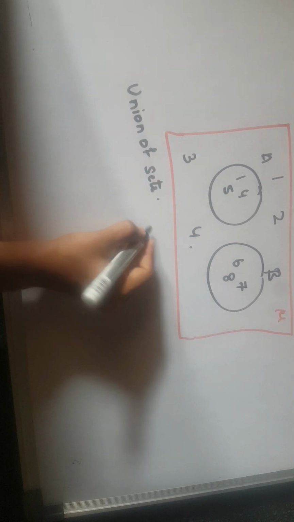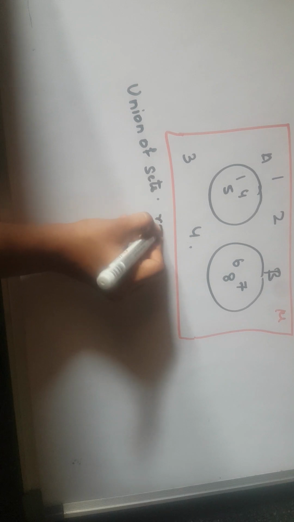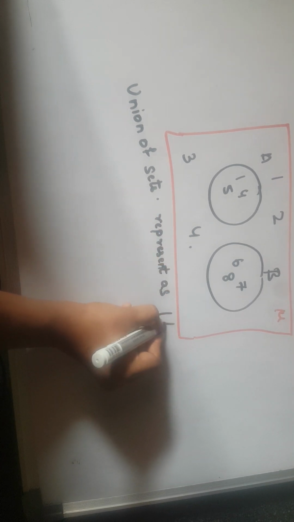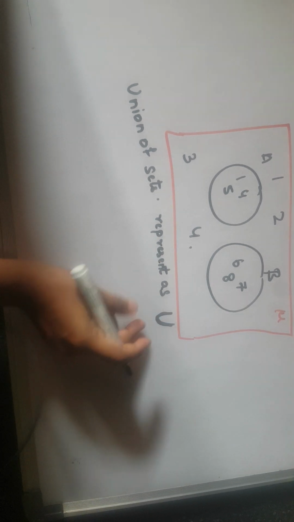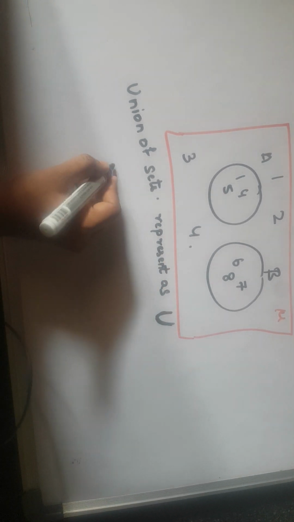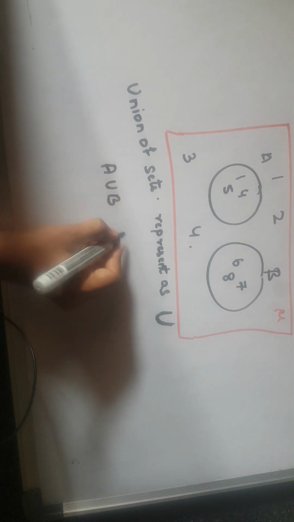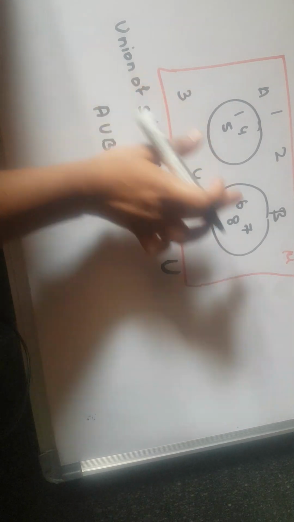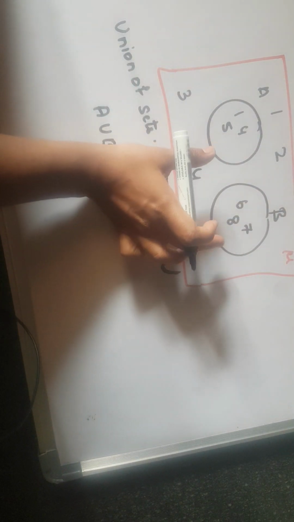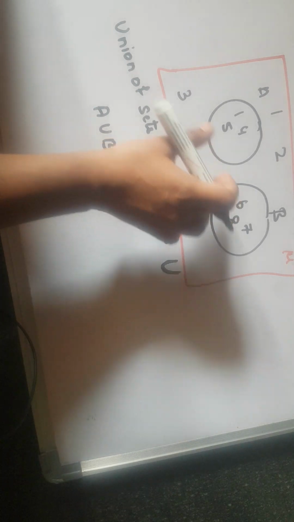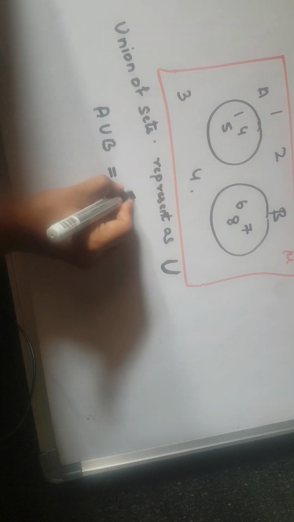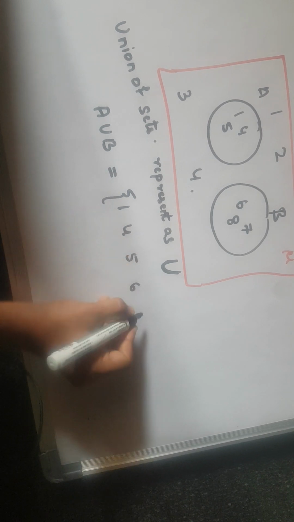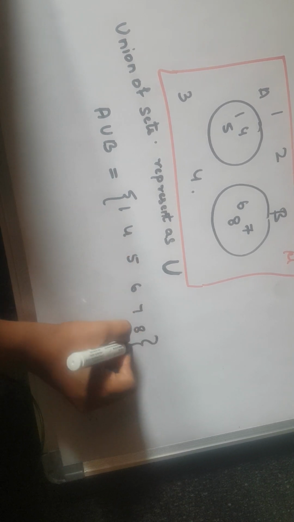Union of sets can be represented as U. Now write A union B. A union B means both the elements, considering this also, both elements present in the universal set, that is 1, 4, 5, 6, 7, 8.